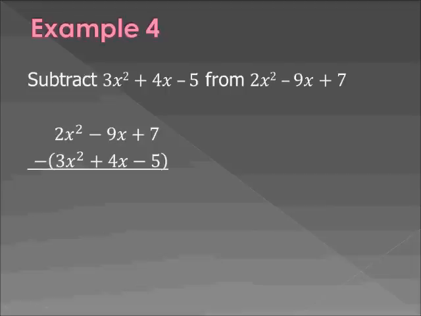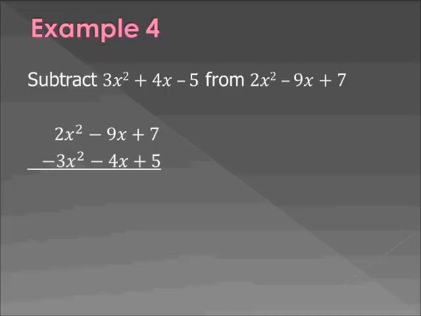Now, remember when I said do not forget to distribute the negative sign. So what you're going to do is take this negative sign and change the sign accordingly, and you're going to want to add them. It's just easier that way because adding is more likely that we'll get the right answer and less likely we'll make a mistake.